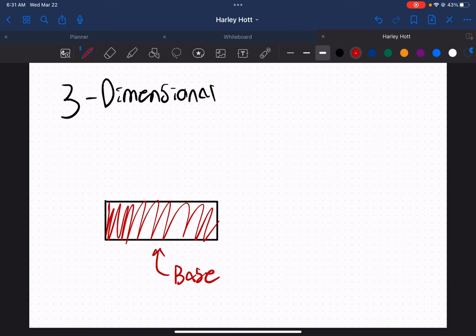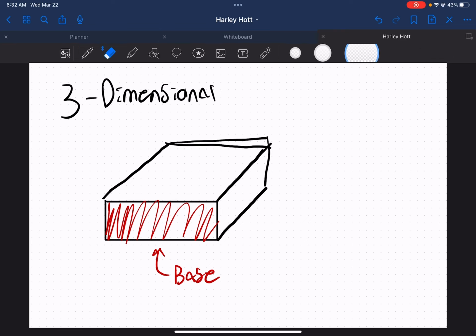And then with this base, we can sort of stretch it out into the third dimension, right? So I'm going to stretch it out, and now it's going back into three dimensions, right? What do we call this three-dimensional shape? Well, because it started off as a rectangle, the base was a rectangle, we call this a rectangular.